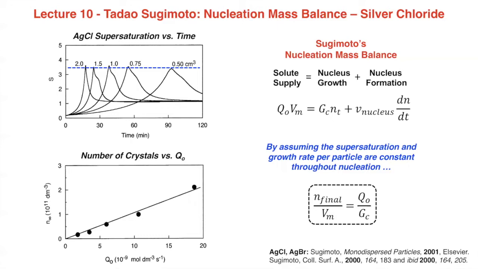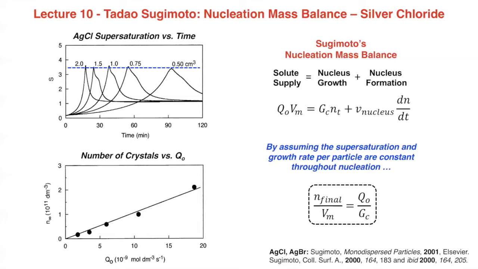That is a really important concept when you have slow production like this, where you can adjust the kinetics of the solute supply, either by a chemical reaction or, in Sugimoto's case, often just by the slow addition of the solute, actually separate silver and halogen ions being squirted in via 2 syringes. He could control the kinetics of the supersaturation and probe its effect on the nucleation.